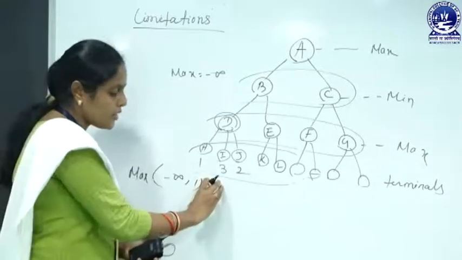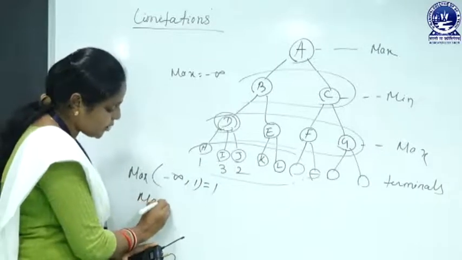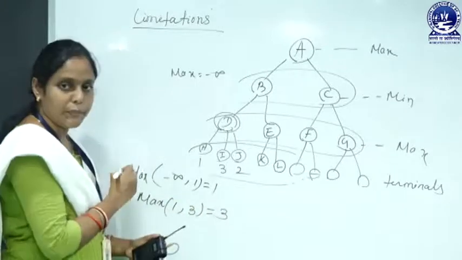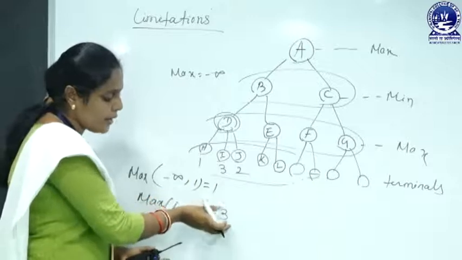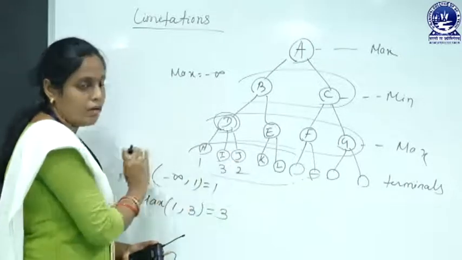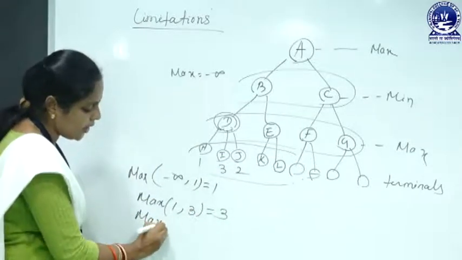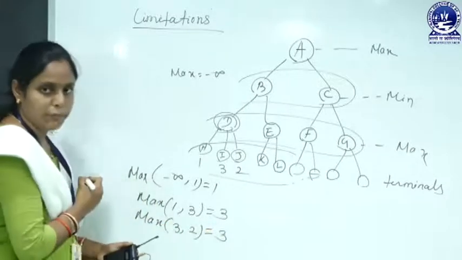After that we calculate the maximum value between 1 and 3, which is equal to 3. Again we calculate the maximized value by comparing this 3 with the terminal value, that is the J value, which is 2. That means we calculate the maximum value between 3 and 2, which is equal to 3.